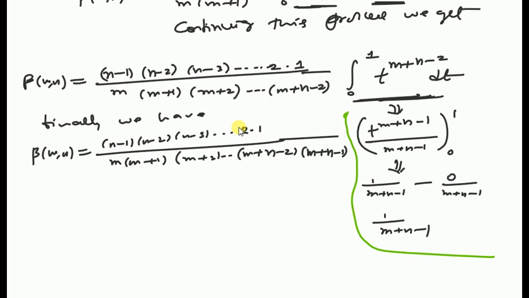So in the denominator also I need to bring some factorial. For that purpose, multiply and divide with m minus 1 factorial.